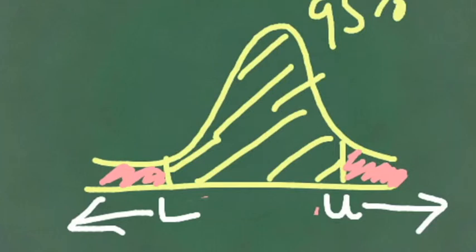Alright, so that's essentially how we translate the 95% confidence interval to the probability of a type 1 error.